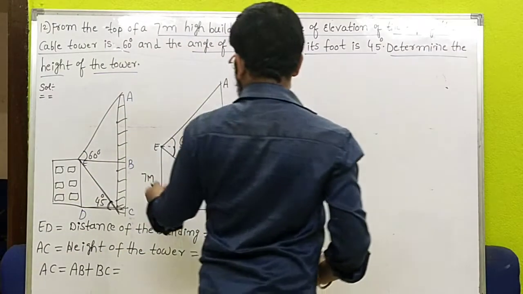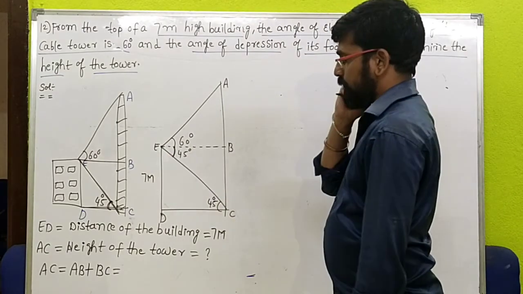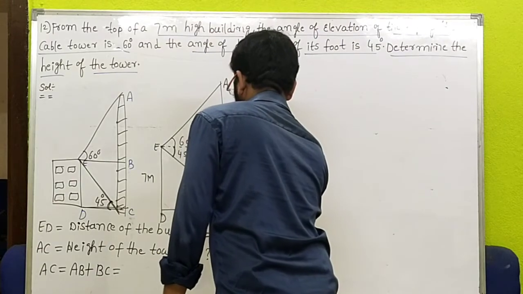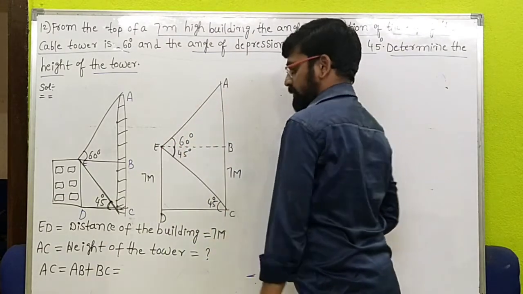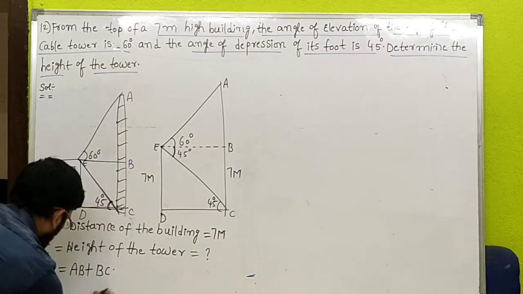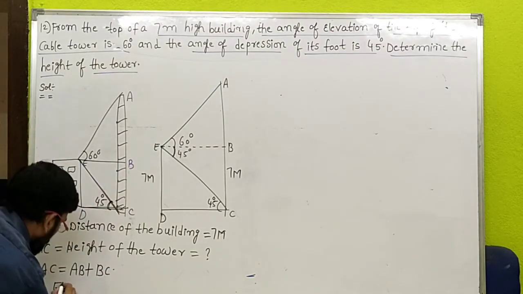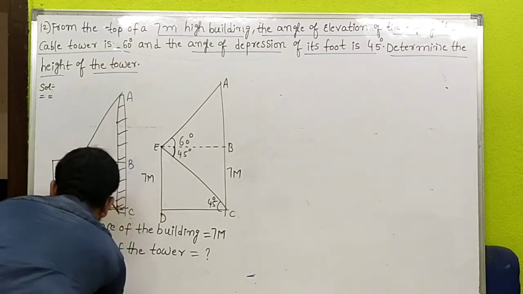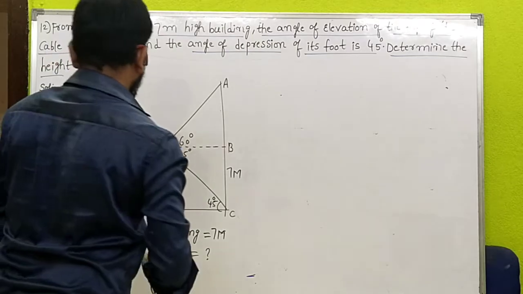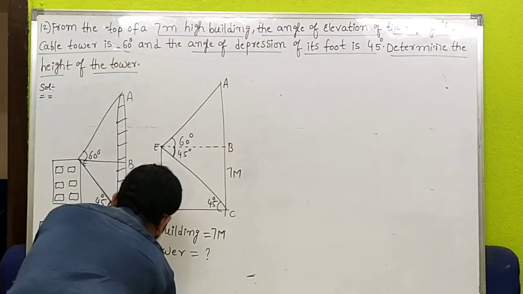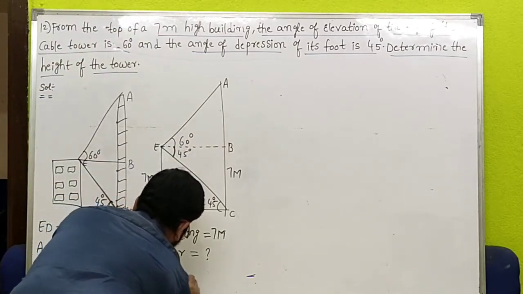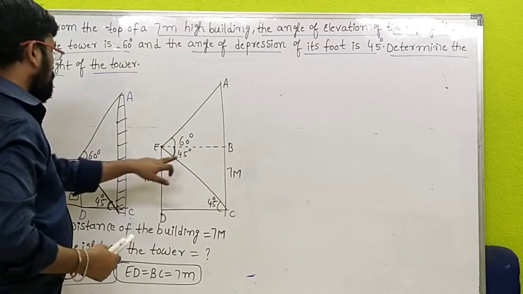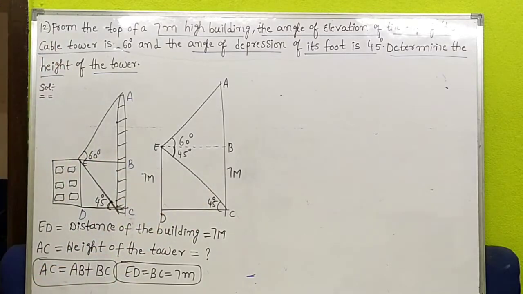This looks like a rectangle. Here 7, here also it will be 7. Why? Because ED equals BC, that is 7 meters, since it looks like a rectangle.